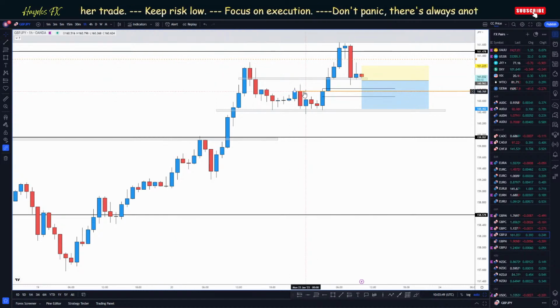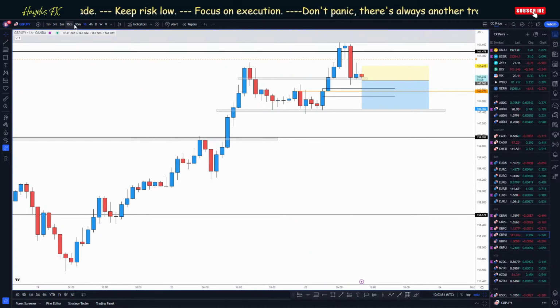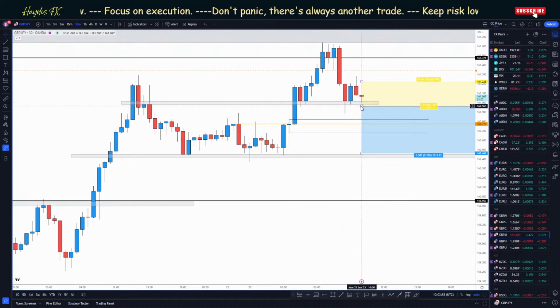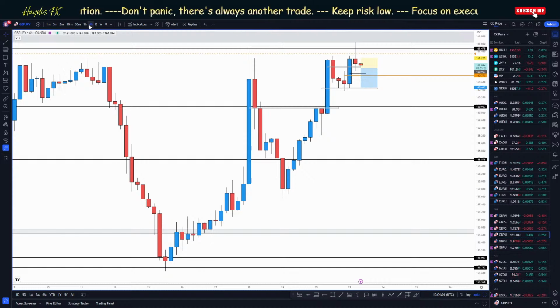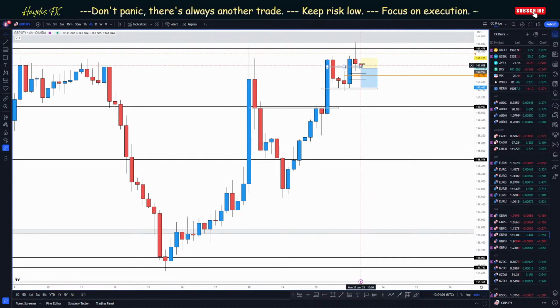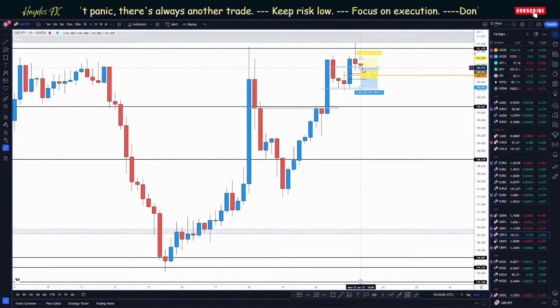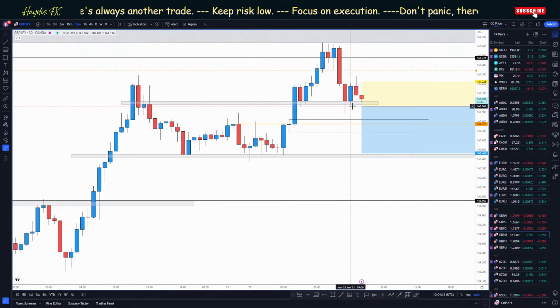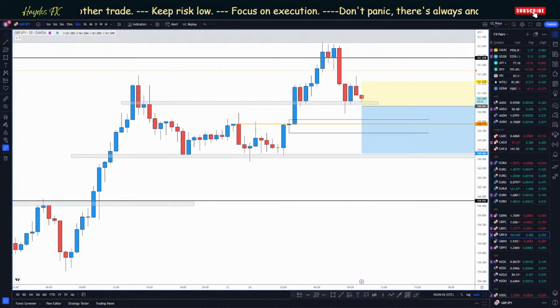I'd be careful with this area here. I think I'm going to give that one a go. 4-hour candle's closed. Bit of a rejection candle. So can we form a tiny top wick? Do the wick fill. I'm going to put a pending order for that one.